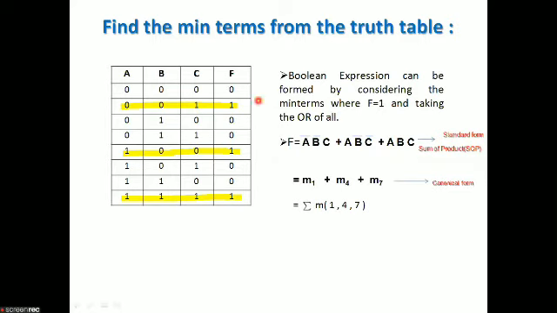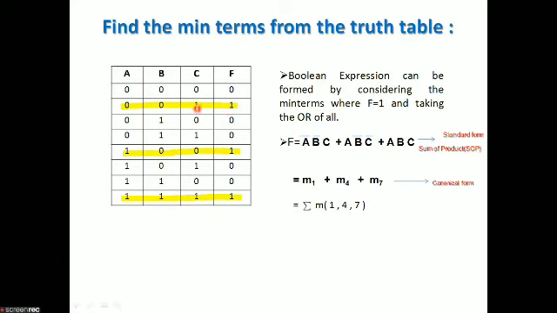So see here, the Boolean expression can be formed by considering the min terms where f is equal to 1 and taking the OR of all of them. So now we will be taking f is equal to this one first. First consider this value. The value of function is 1 here. So what will be the value?